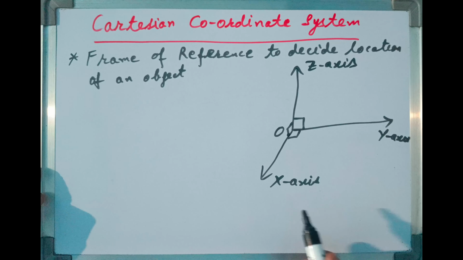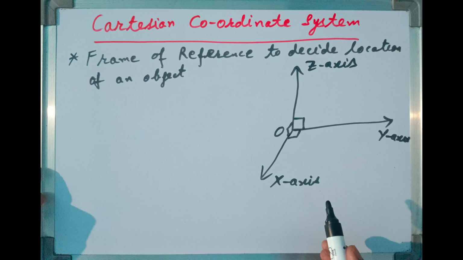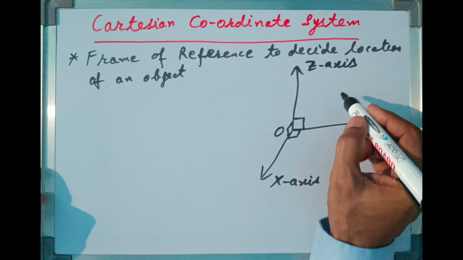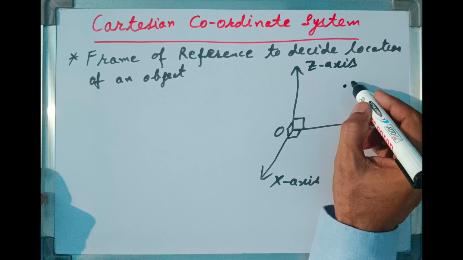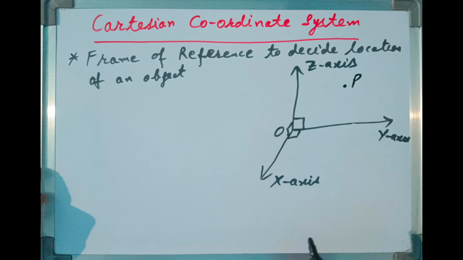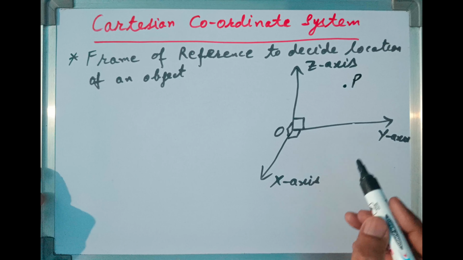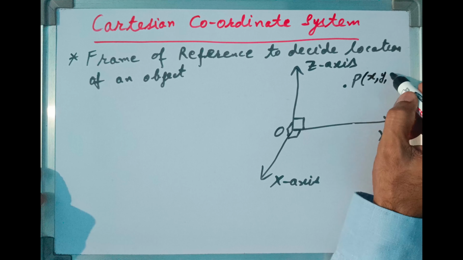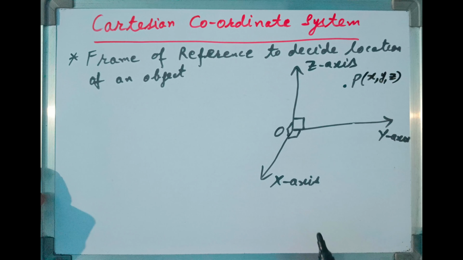Now the next question is how to locate the position of an object. Suppose this is a point P that is in space. We have to find its coordinates. Let me call the coordinates x, y, and z. Now what is the meaning of x coordinate, y coordinate, and z coordinate?